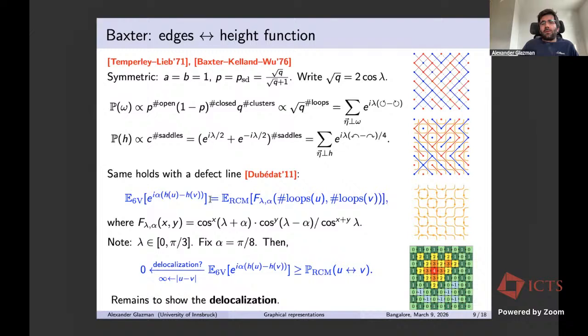It depends on the question, right? If you talk about the correlation of two edges, I don't think this will tell it. Maybe, on the random cluster model side, it allows you to get a very precise asymptotic on a ratio of two partition functions.